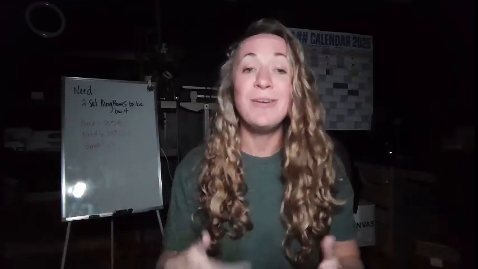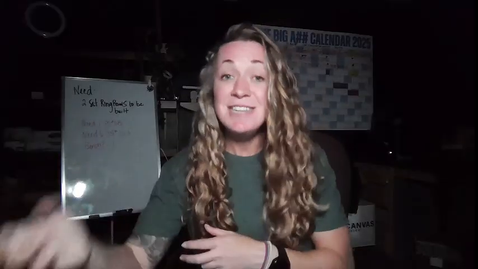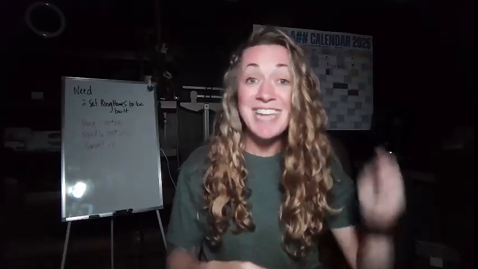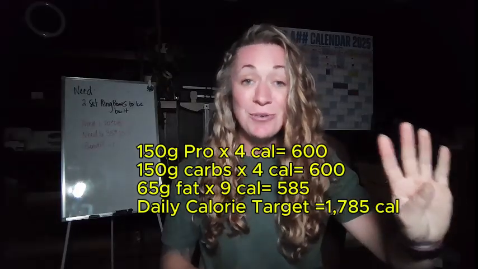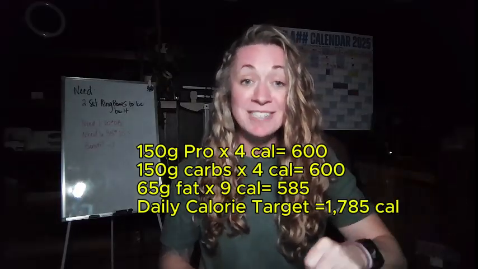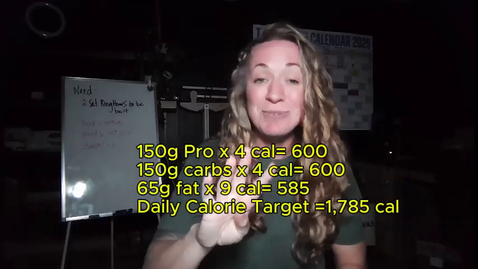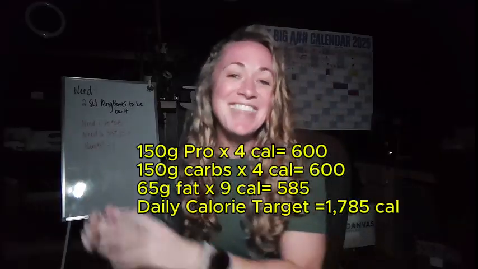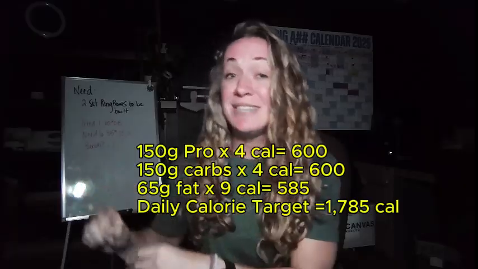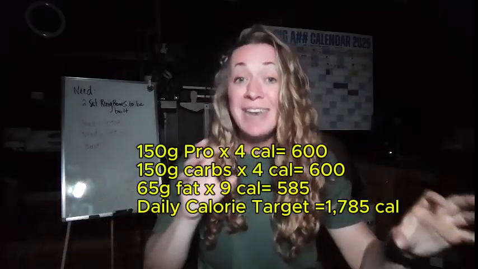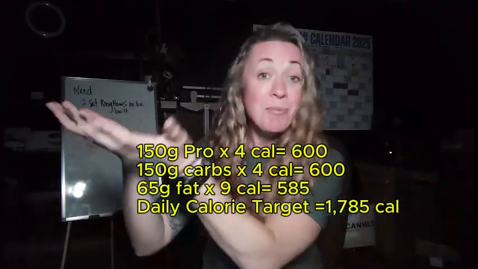Well, why is that important? Well, if someone or a coach gives you macros, maybe they say, I want you to eat 150 grams of protein and 150 grams of carbs and 65 grams of fat. If you were to take that 150 grams of protein times 4 calories, and that 150 grams of carbs times 4 calories, and that 65 grams of fat times 9 calories, and then you added those up, that would come up with your calorie target.